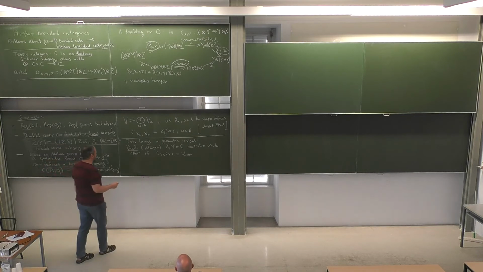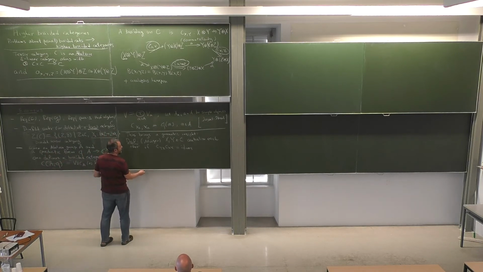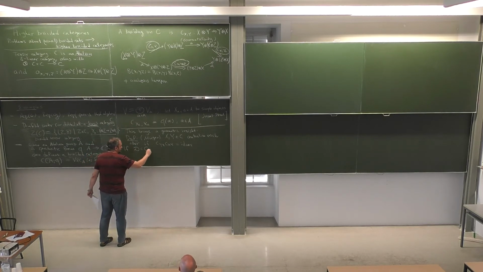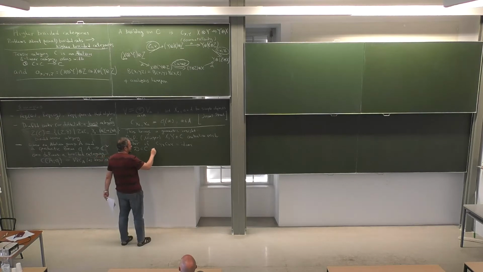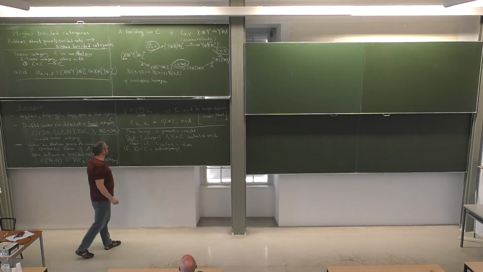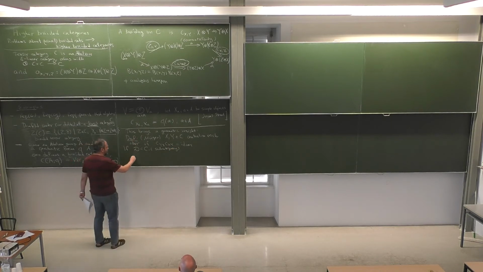So in particular, given a subcategory, let's say D of C, one can introduce an analog of the orthogonal complement.